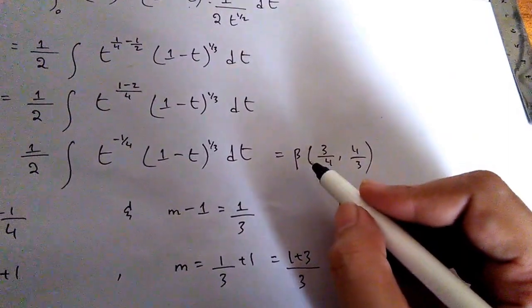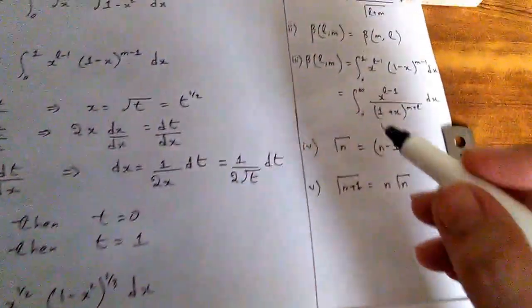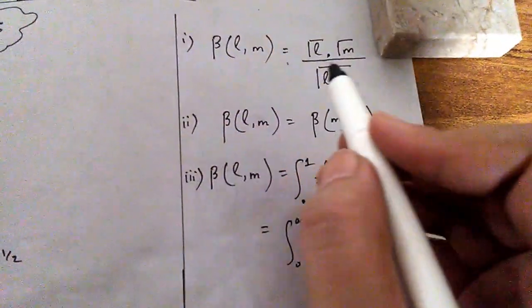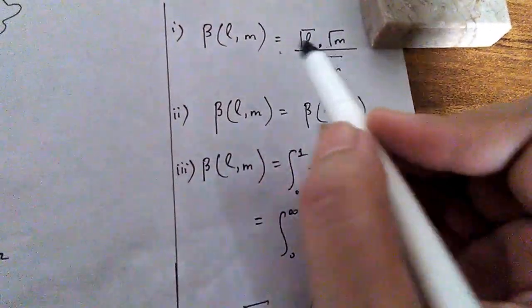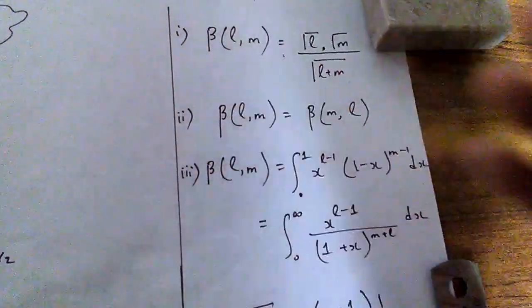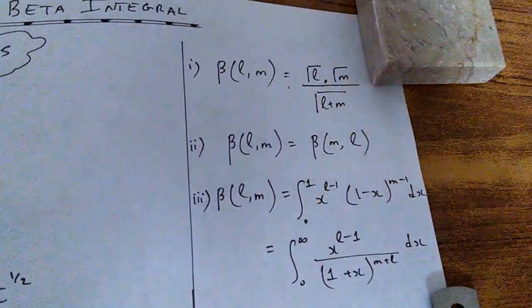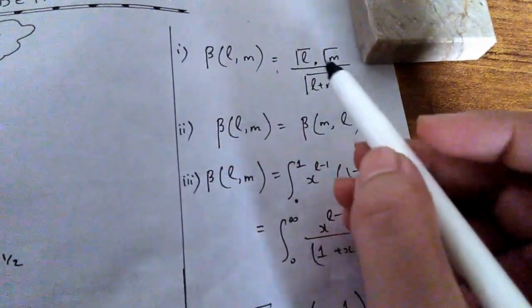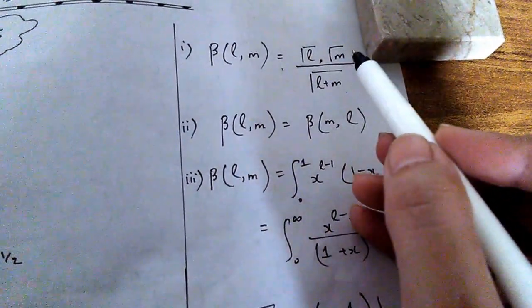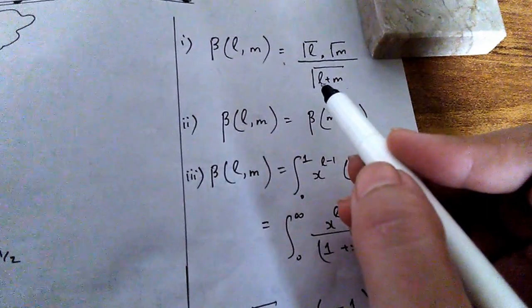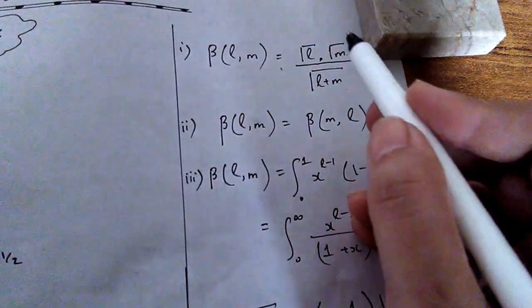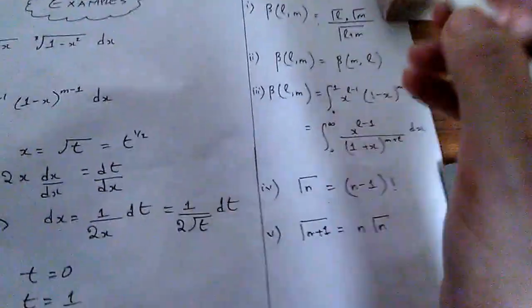When you studied the relationship between beta and your gamma function, you come to know that beta of the two real positive values L, M is equal to the gamma function product of your L and M separately upon gamma function of L plus M. So that's what you are going to follow here.